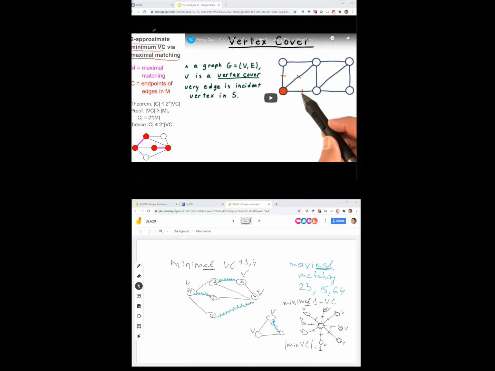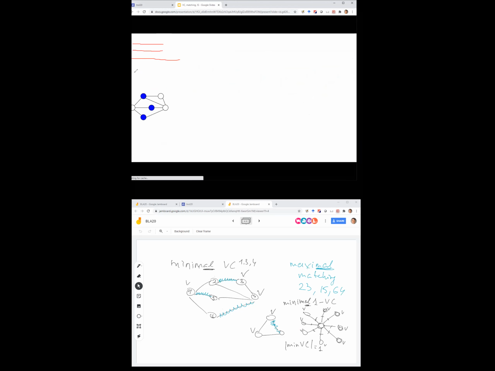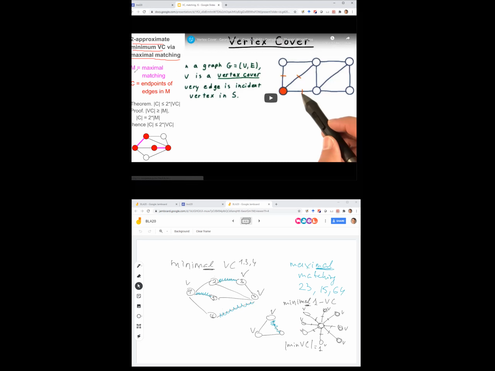So this really gives you the connection between vertex covers and matchings. And here is the algorithm. So you find the maximal matching. Okay, so let M be a maximal matching. And you take the endpoints of the edges in M as your cover.